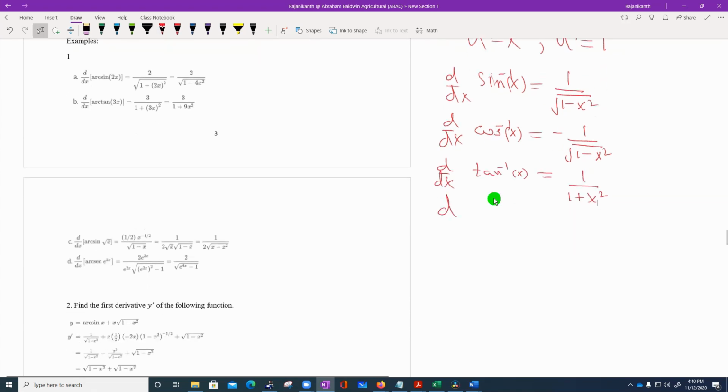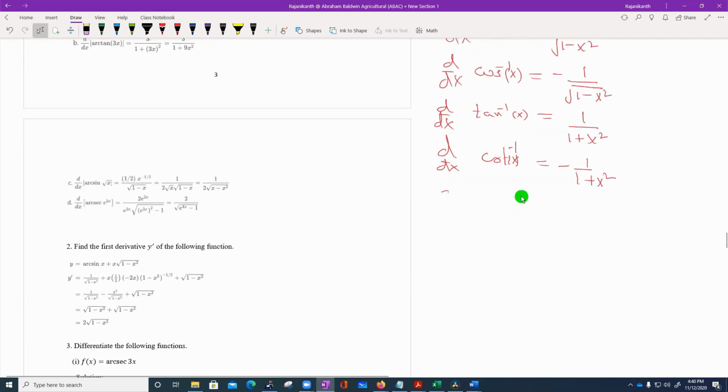Then the derivative of cotangent inverse x is the same thing as tangent but with a negative sign. Then the derivative of secant inverse x is 1 over absolute x, and you will get the square root of x squared minus 1.